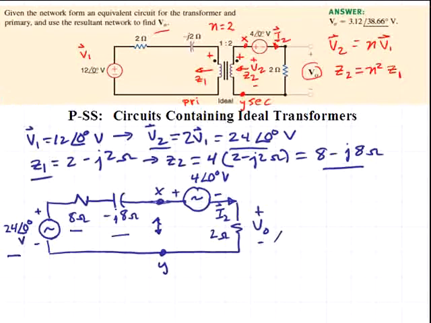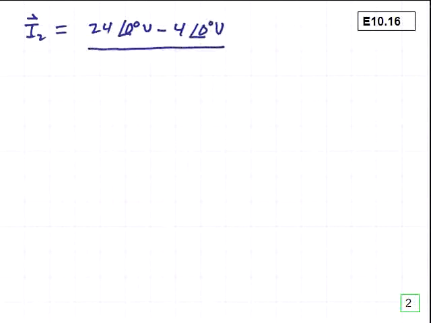So now we can solve for the current I2 in this loop circuit. I2 will equal 24 at an angle of 0 degrees volts minus 4 at an angle of 0 degrees volts, and then divide by the total impedance in that loop, 8 ohms minus J8 ohms plus 2 ohms.